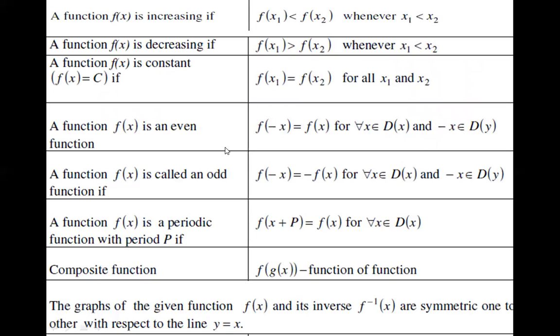A function is an increasing function if f of x sub 1 is less than f of x sub 2 whenever x sub 1 is less than x sub 2.